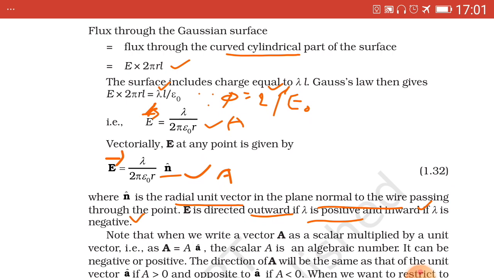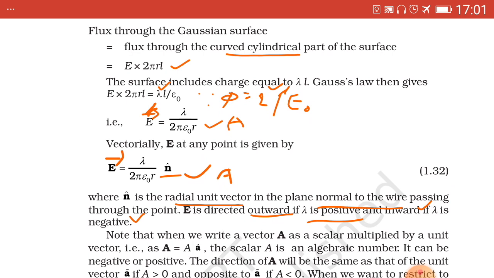Therefore, phi equal to E into 2 pi rL, because phi equal to E delta S, and for delta S we have substituted 2 pi rL. As well, from Gauss theorem, phi equal to q upon epsilon 0. So equating phi, we have E into 2 pi rL equal to lambda L upon epsilon 0.